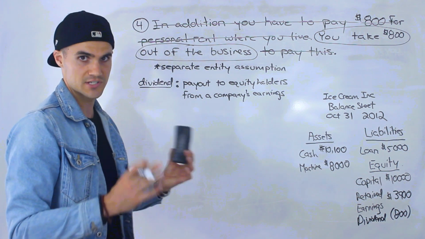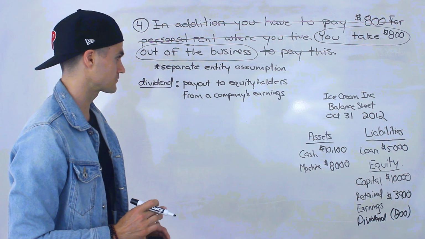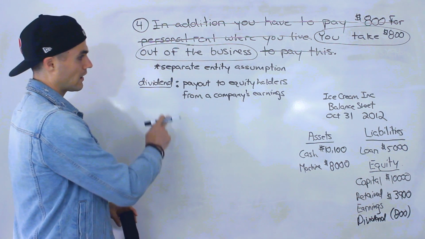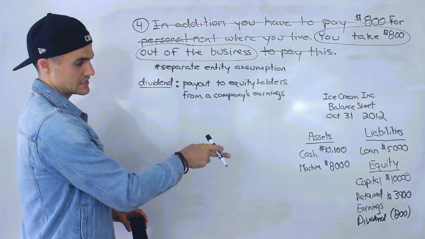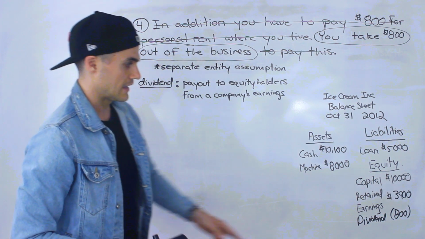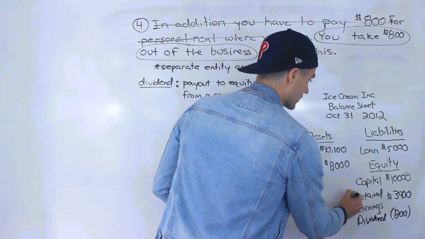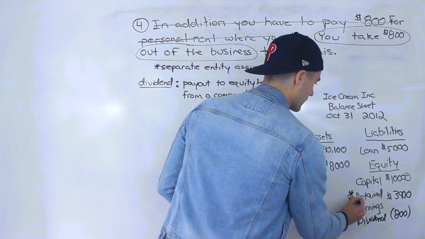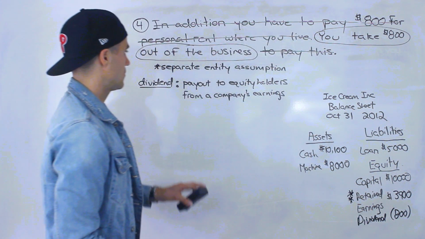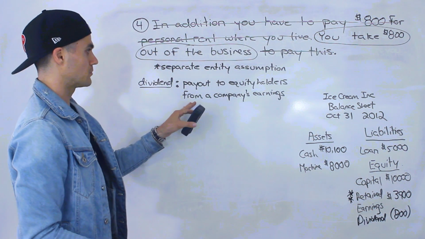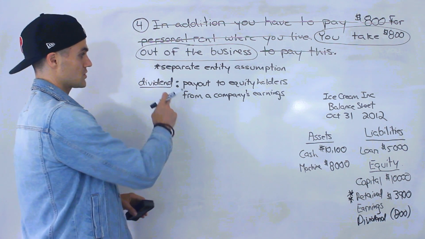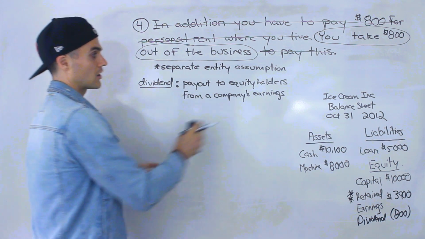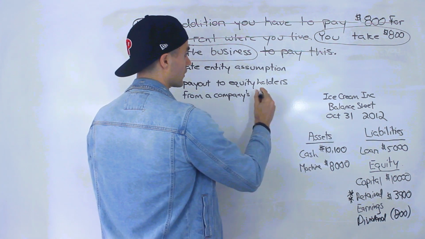So it's going to be less understandable to that external user. And in fact, where the dividend gets taken out of is from retained earnings. Okay, so we can actually add a little bit more detail to this definition here. So a dividend is a payout to equity holders from a company's retained earnings.